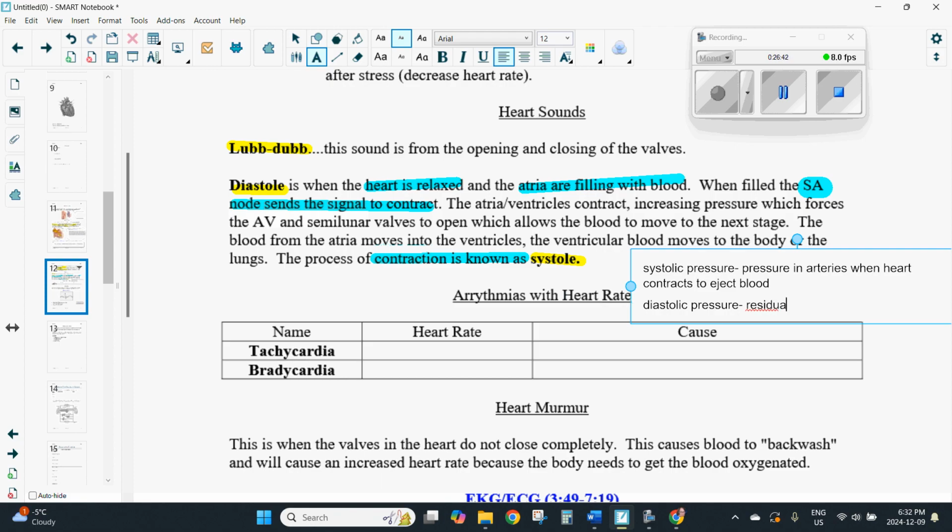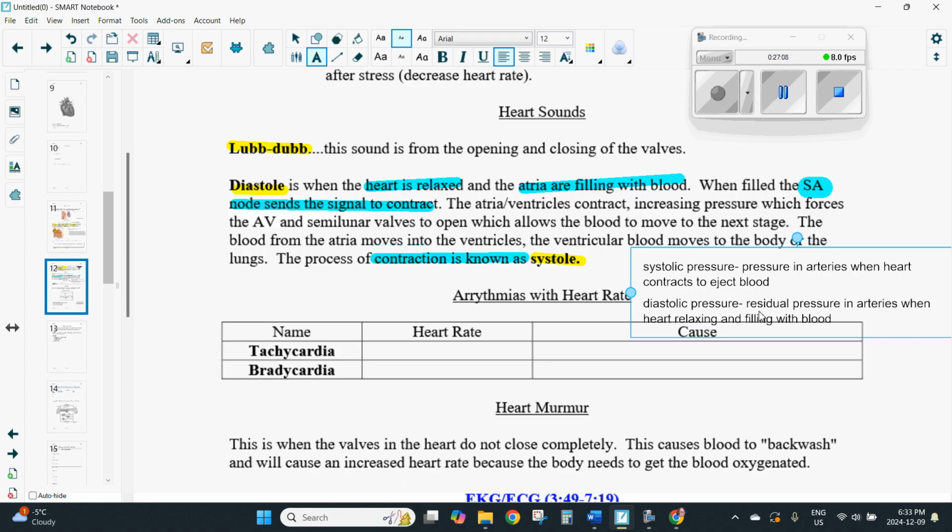Residual pressure in arteries when the heart is relaxing and filling with blood. Remember we talked about how arteries send blood away from the heart, and they move blood based on the pressure from the heart.